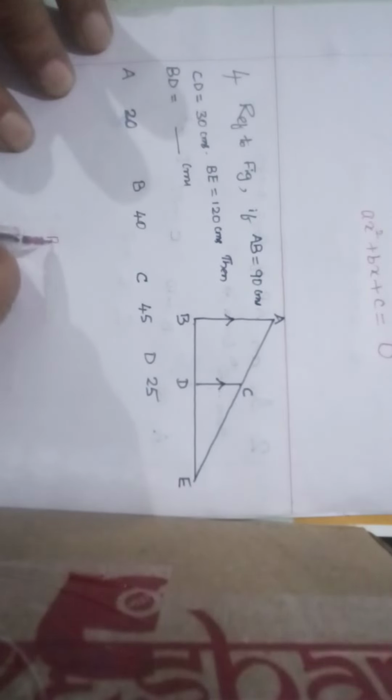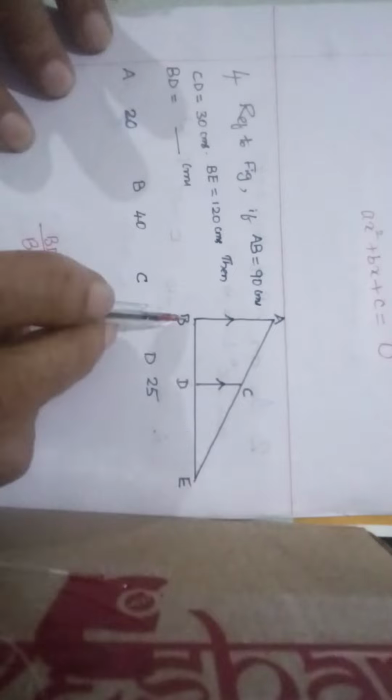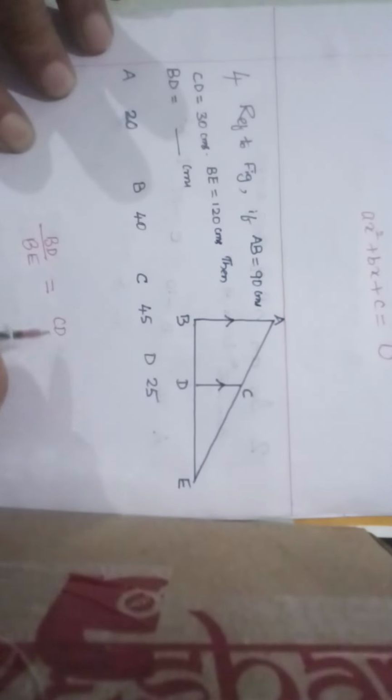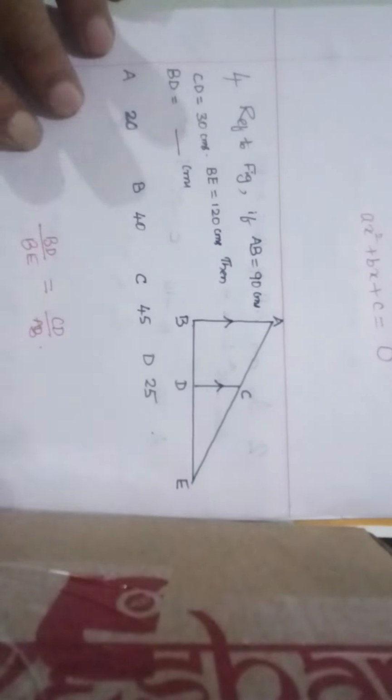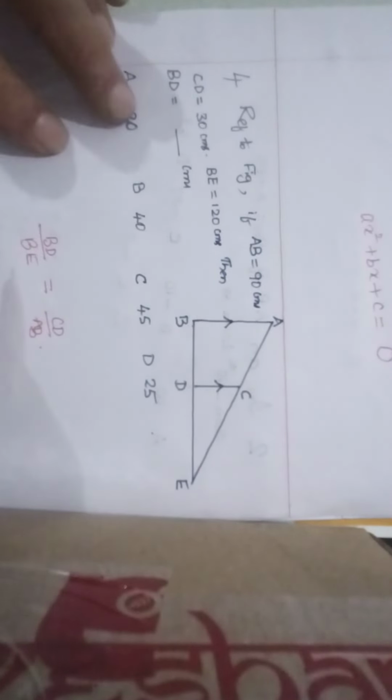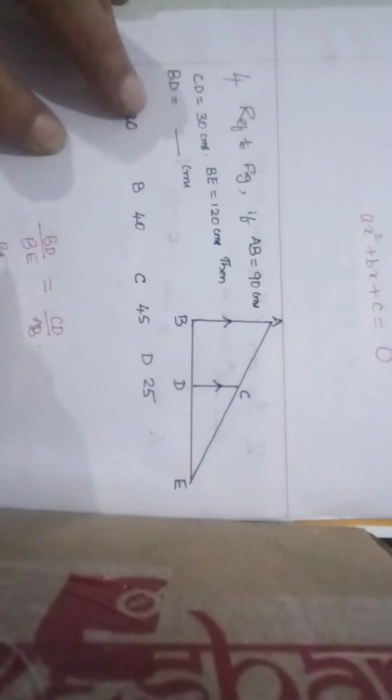BD divided by BE is equal to CD divided by AB. Now substitute the values. We have to find out BD.